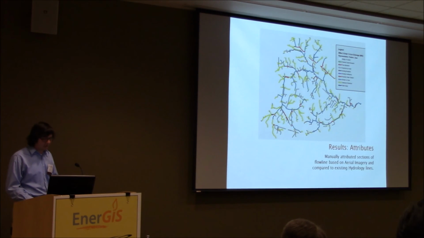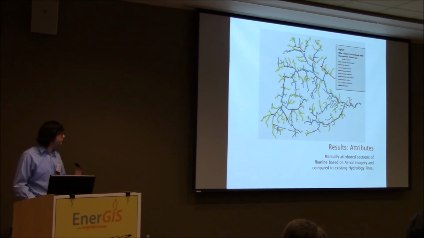And we also did an attribution where I went through, zoomed in, looked at the aerial, and said, okay, this is a stream, this is impacted by road. We're not sure why this is done, it might be just because of drainage or any culverts that were utilized.